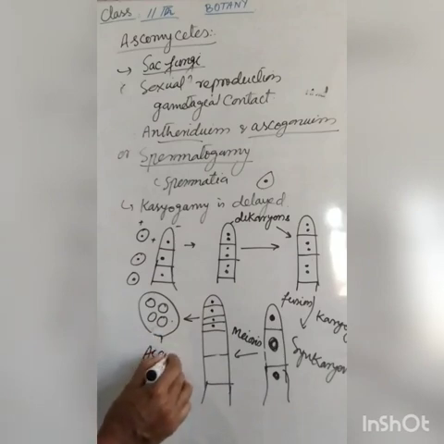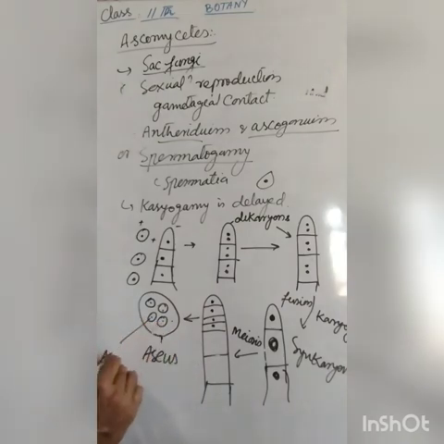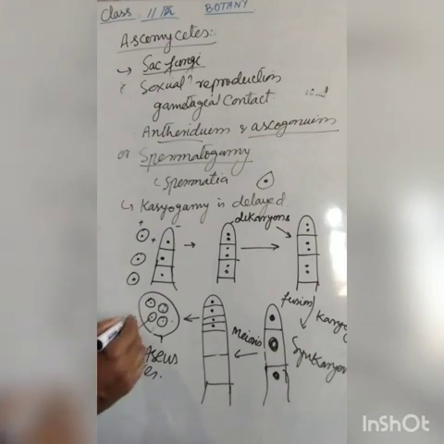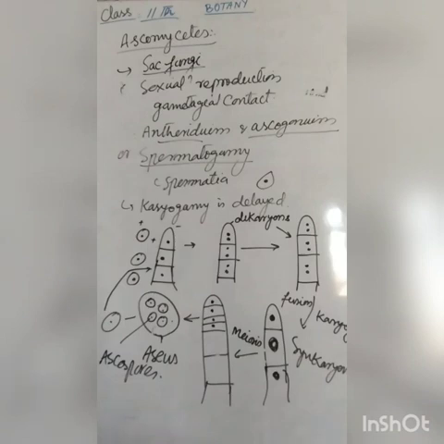This is called the ascus, and these haploid spores, 4 or 8, are called ascospores. Now after maturation, each spore gets released. When the spore gets released, it germinates into the new hyphae. Each spore can develop into new mycelium.